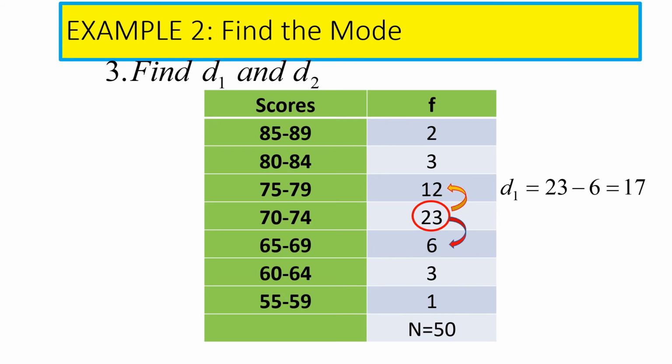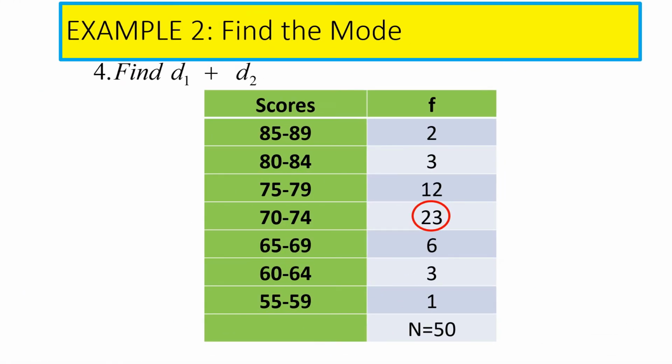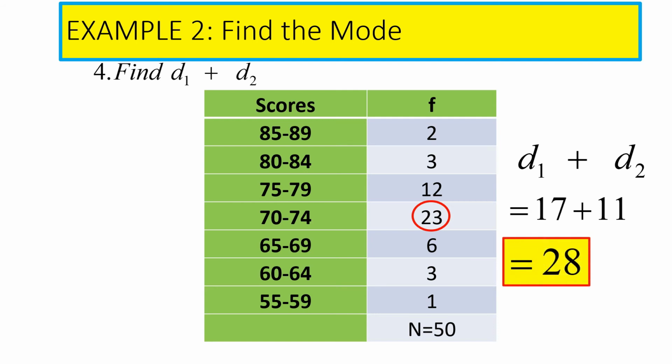That is 23 minus 12, which is equal to 11. Now in step 4, find d1 plus d2. d1 is 17, and d2 is 11. 17 plus 11 is 28.